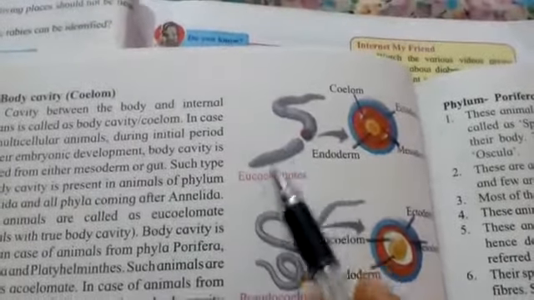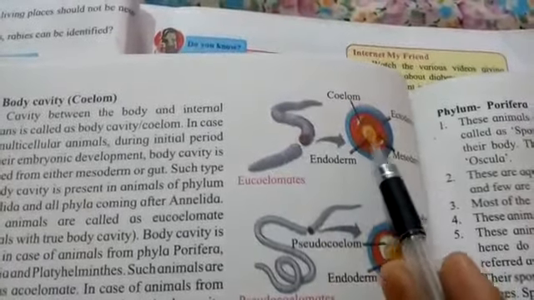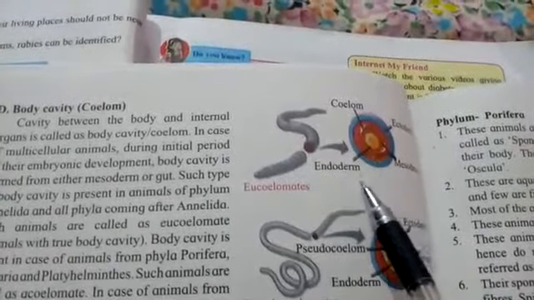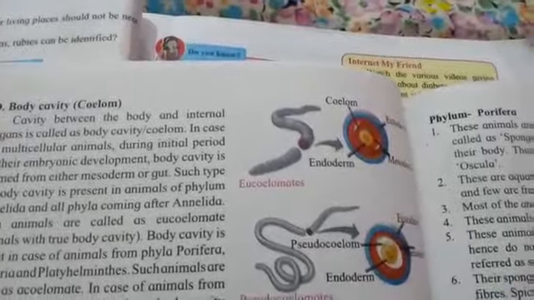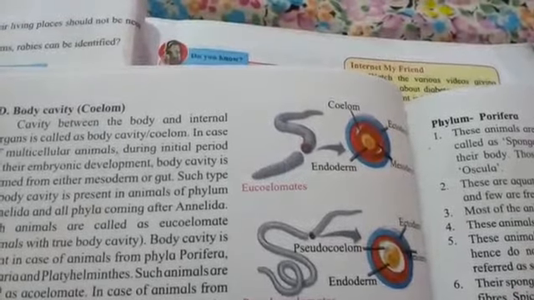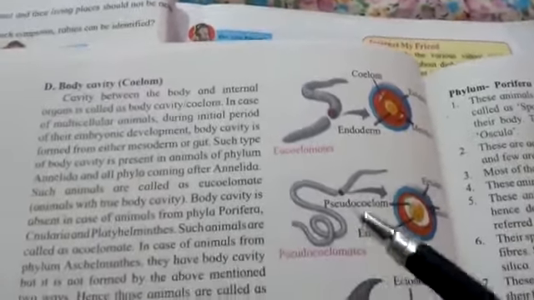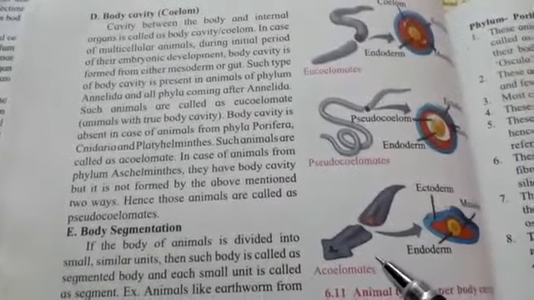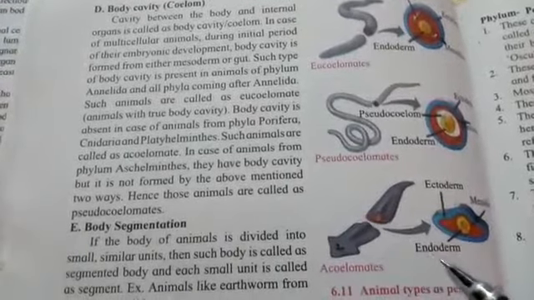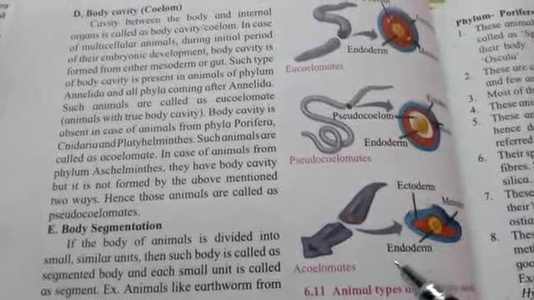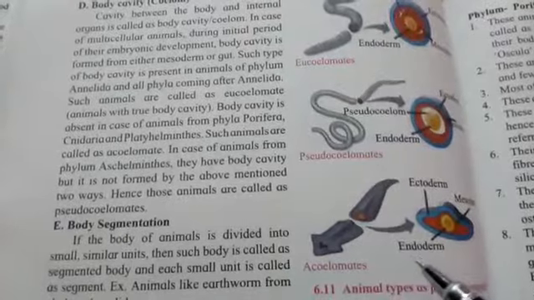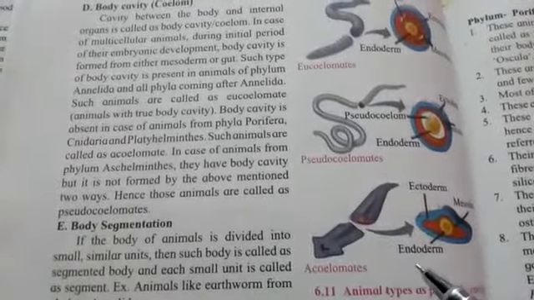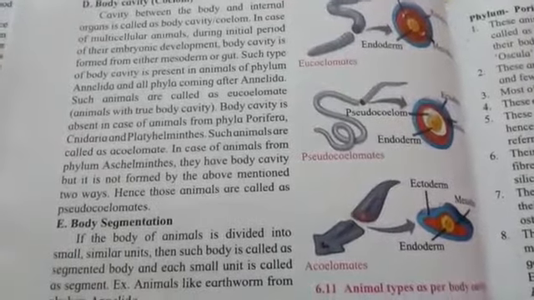So these are the eucoelomates. This is Annelida. The body cavity will be derived from the mesoderm, and that is why these are known as eucoelomates. So all the organisms which come after the phylum Annelida, Arthropoda till the Chordata, these all are going to be eucoelomates. Then acoelomates are going to be the Porifera, Cnidaria, Platyhelminthes, because they do not have the body cavity which is derived from mesoderm, and that is why they do not have any body cavity at all, and these are known as the acoelomates.